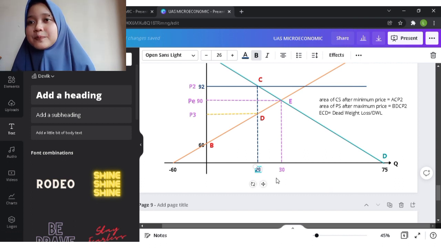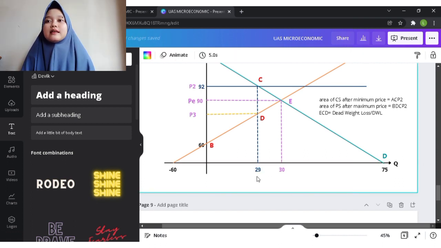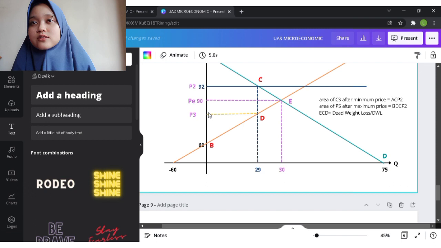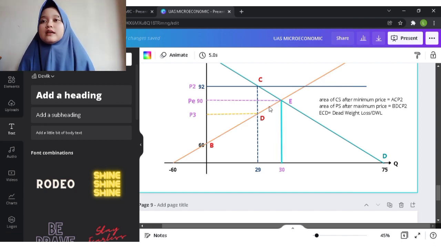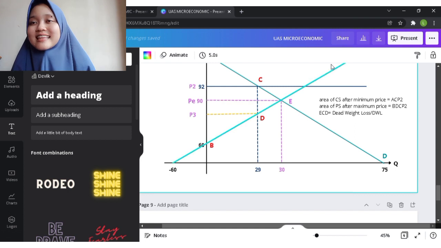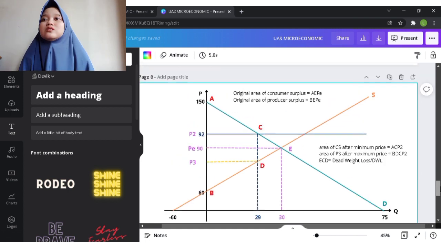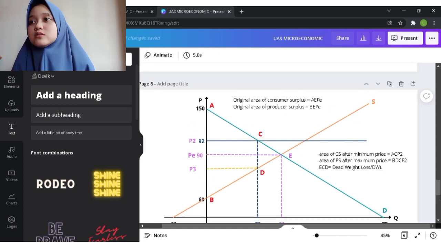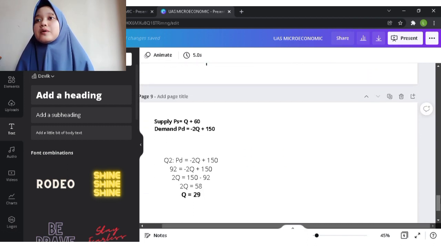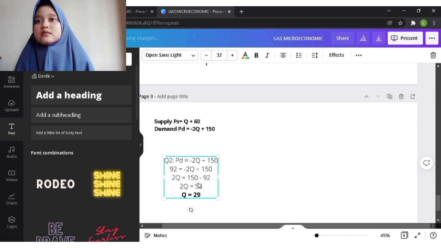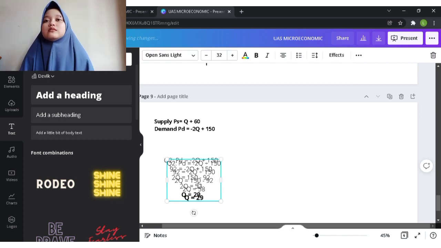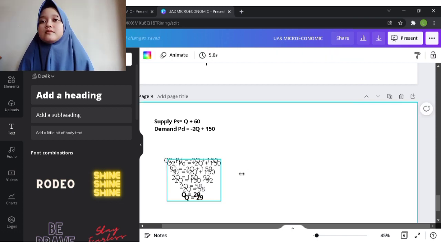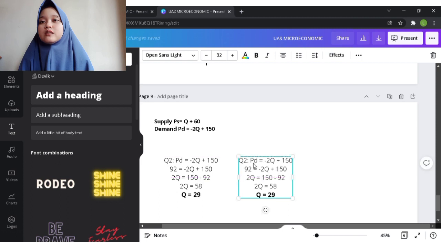After that we can search P3. We can search P3 because P3 is tangent to the supply curve. So in this case we can use the supply equation.